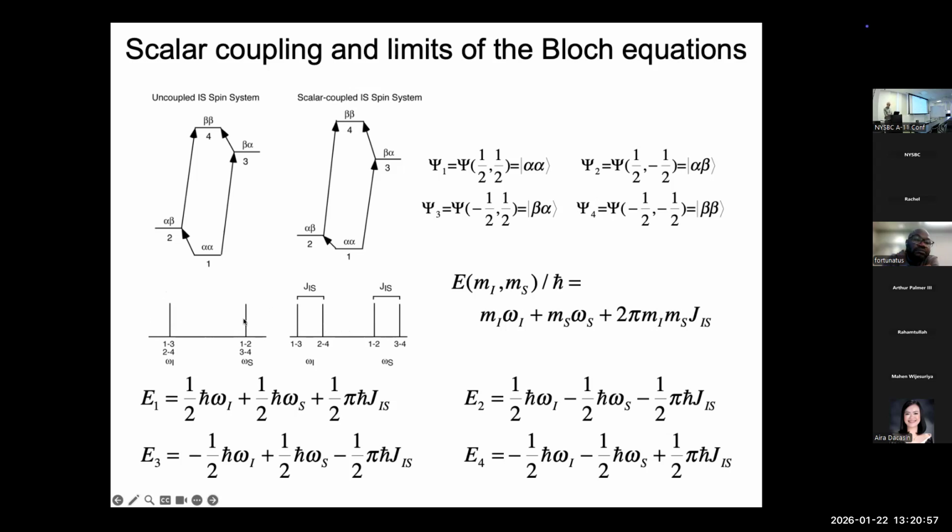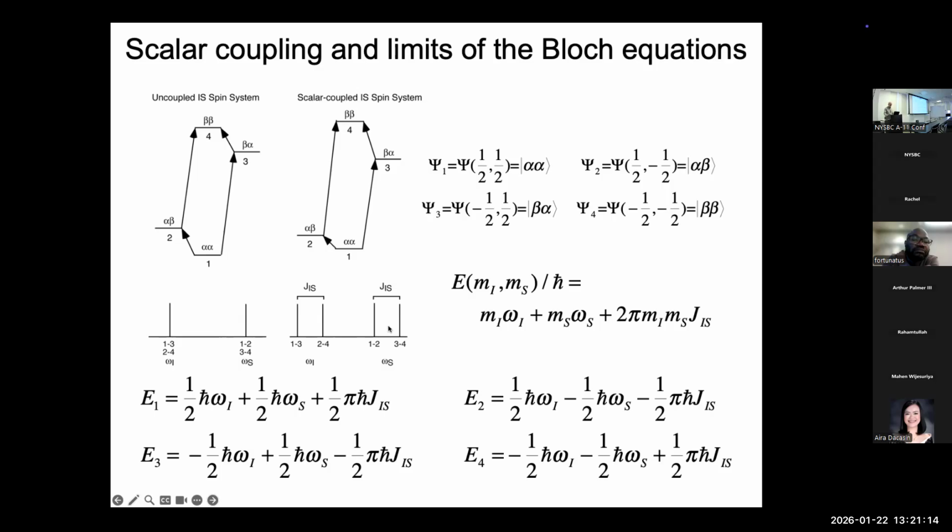I forget every year to fix it. And similarly, the S spin, perhaps the nitrogen spin, in the absence of a coupling is doubly degenerate just at the chemical shift, but is split into a doublet by the scalar coupling.